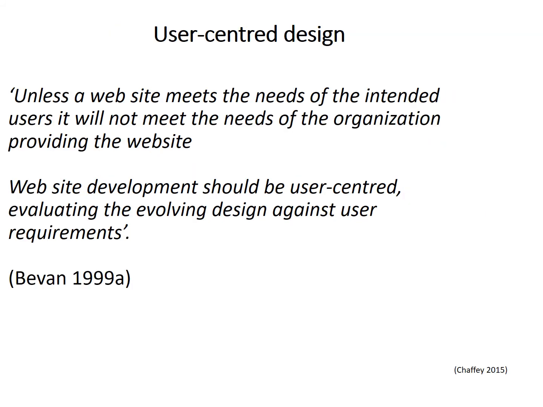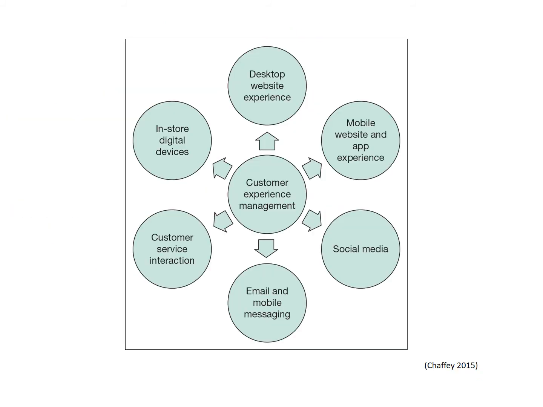So we have user-centered design. Unless a website meets the needs of the intended users, it will not meet the needs of the organization providing the website. So the website design should be user-centered, evaluating the evolving design against the user requirements, according to Bevan, 1999.